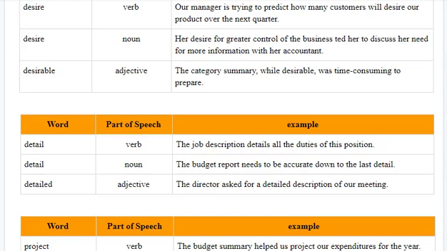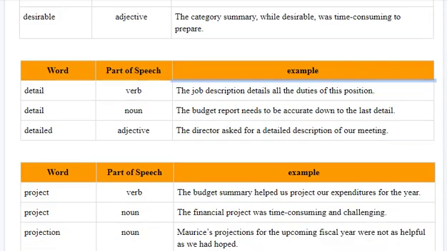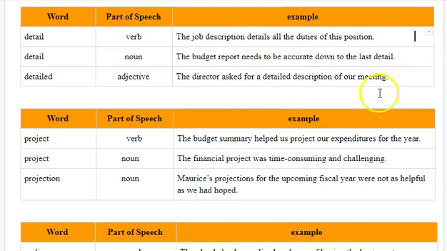Detail, verb. The job description details all the duties of this position. Detail, noun. The budget report needs to be accurate down to the last detail. Detailed, adjective.